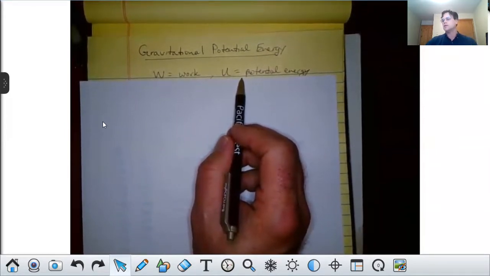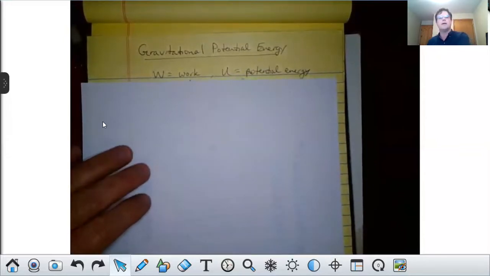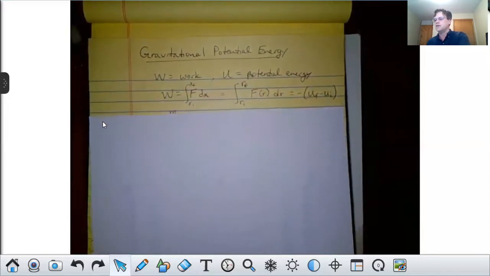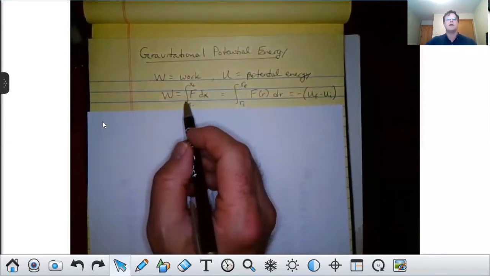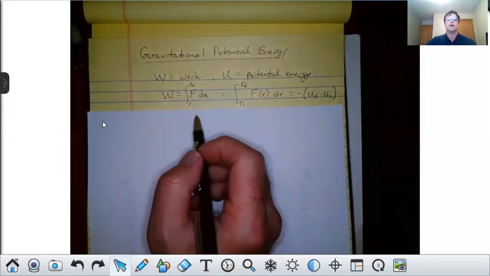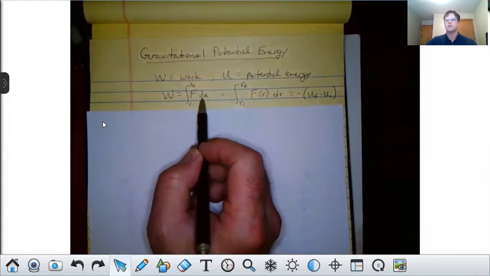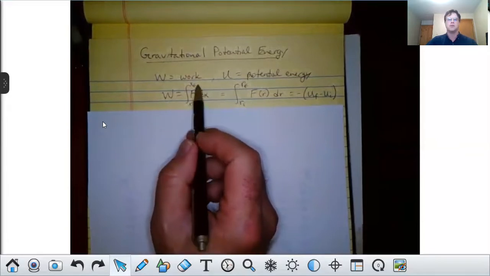Now, how did we get the potential energy, and how is it related to the work? If you remember, the work is defined to be basically the force times the distance. If you have a variable force, for example the spring, which depended on x, you have to do an integral of the force over the displacement from its initial position to its final position.